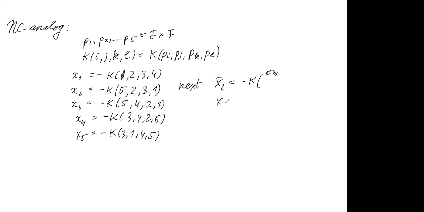So if Xi is equal to K(P, Q, R, S), then here we have K(Q, P, R, S). Yeah, and with this notation, we have the following relation, which is also just a straightforward computation with the definition of cross ratio.